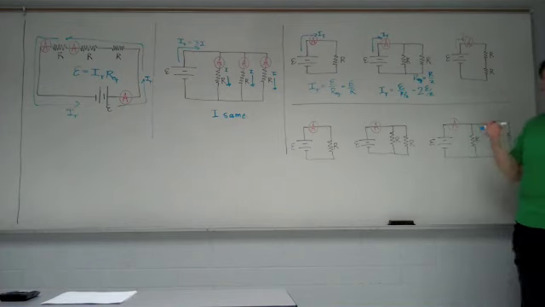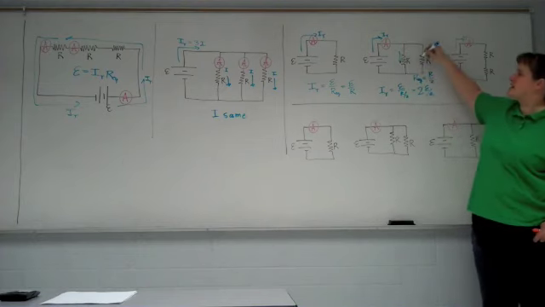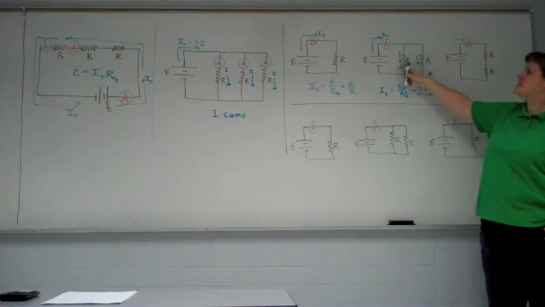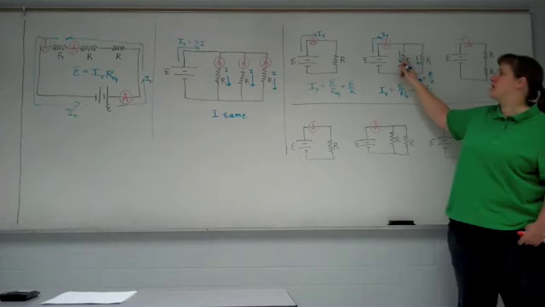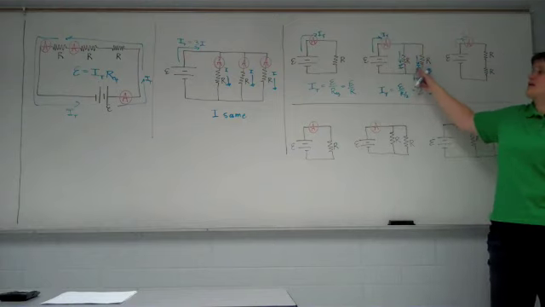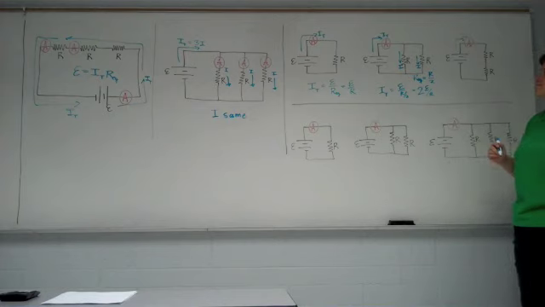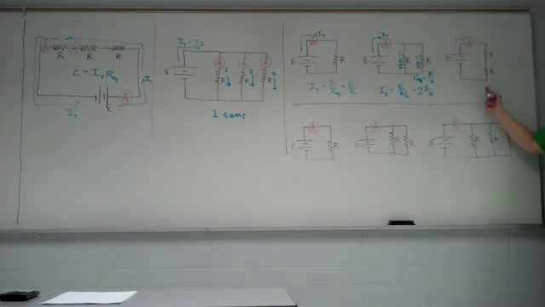Another way you can think of it is both of these individual resistors have to have the battery voltage, so these each have some I. I total then needs to be twice as big to feed both branches.